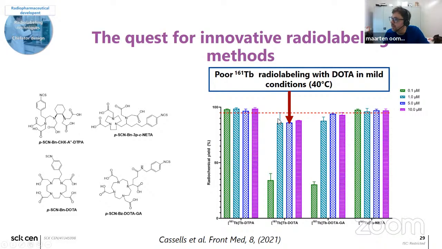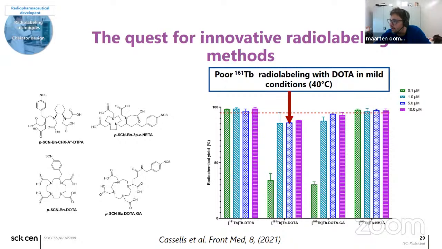And what you can clearly see immediately, you do not get quantitative yields with DOTA. If you use the DOTA chelator, as we were already taught from previous literature, you do not get these quantitative yields. Maybe to explain, quantitative yield is more than 95% radiochemical yield. That means that if we add terbium to a radiopharmaceutical or to a precursor, 95% of the terbium is automatically incorporated in that radiopharmaceutical.